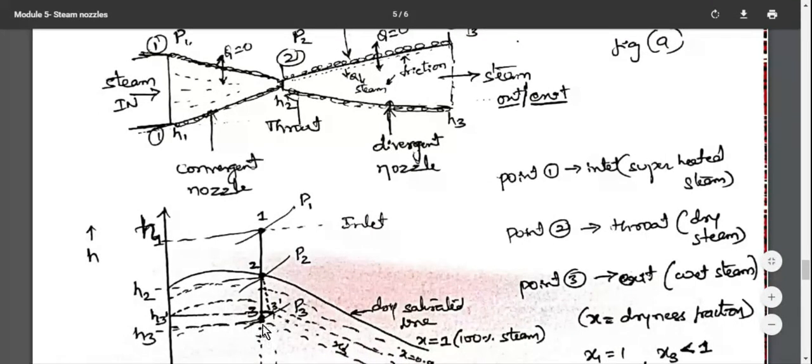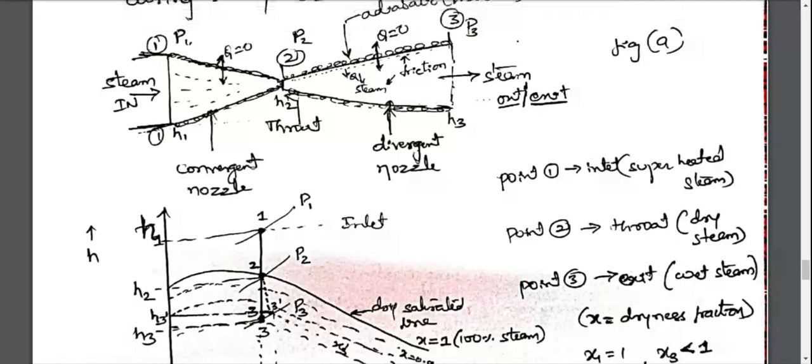For example, see here, point number 3 is here. Due to friction, the enthalpy increases from 3 to 3 dash. So here H3 is here, and H3 dash is here. H3 dash is the enthalpy due to friction. This dotted line indicates the actual expansion of steam in the nozzle.